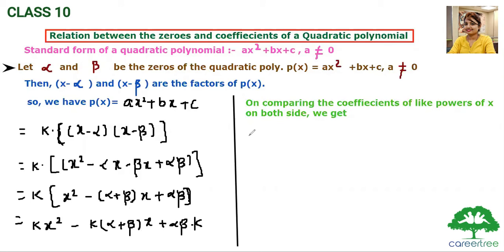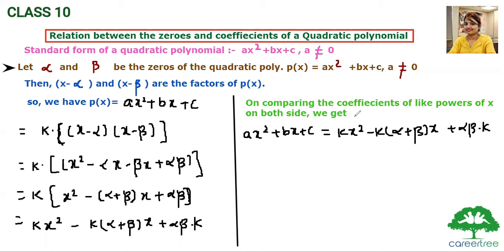So the equation we have got is ax squared plus bx plus c equals kx squared minus k into alpha plus beta into x plus alpha beta into k.